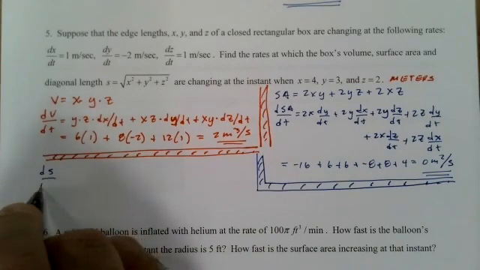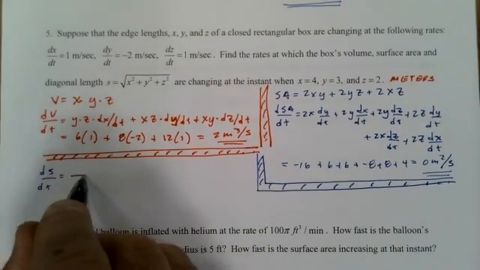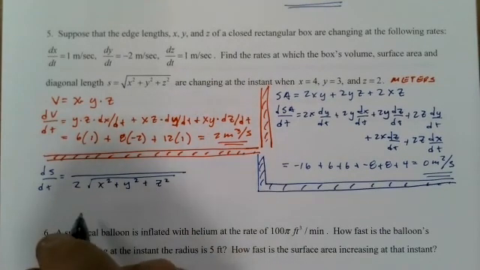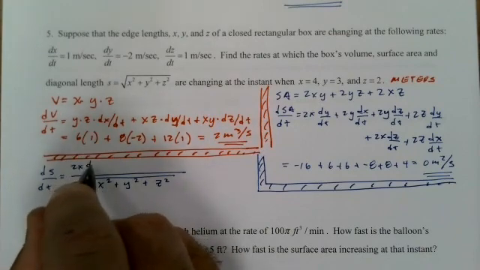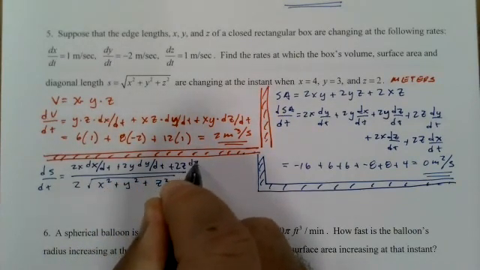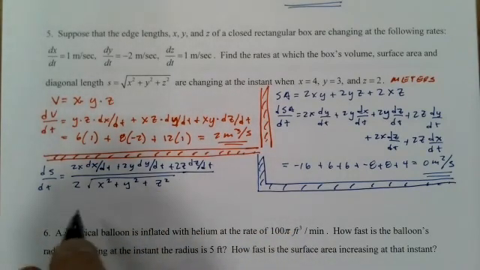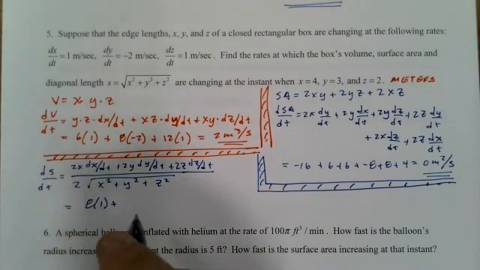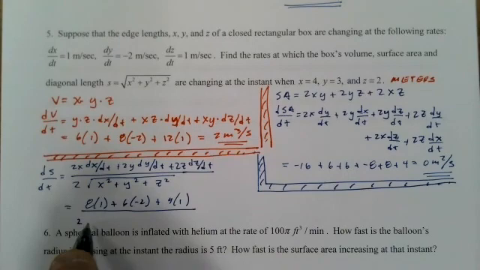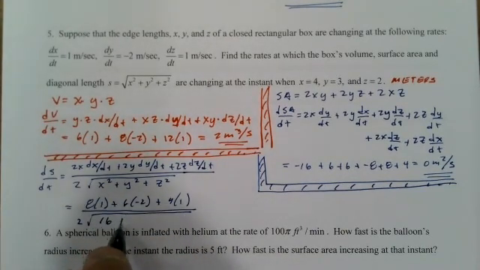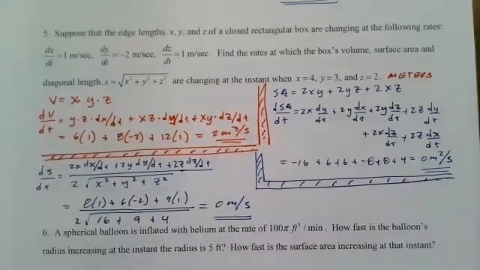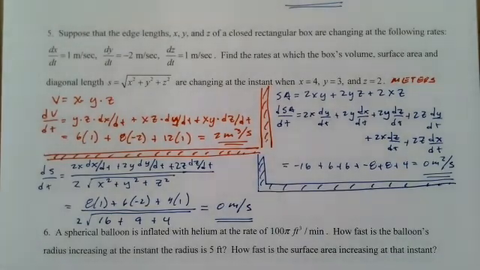So ds/dt equals 1/2 square root of x squared plus y squared plus z squared times 2x dx/dt plus 2y dy/dt plus 2z dz/dt, which equals 8 times 1 plus 6 times -2 plus 4 times 1 over 2 times the square root of 16 plus 9 plus 4 equals 0, which is very weird. Things are changing, but they're changing at a rate that they all cancel each other out.